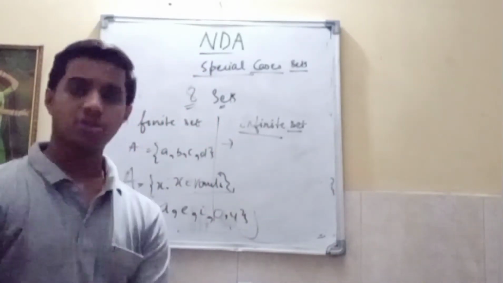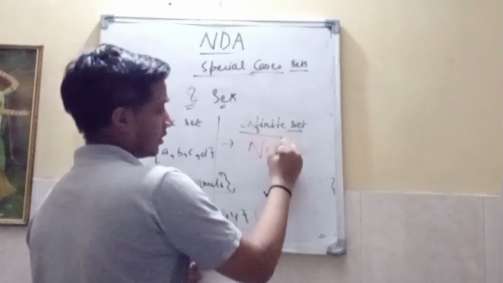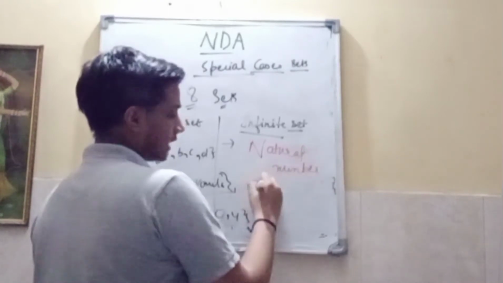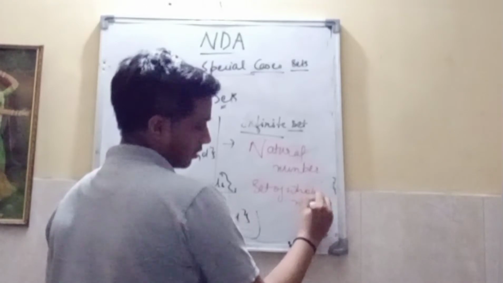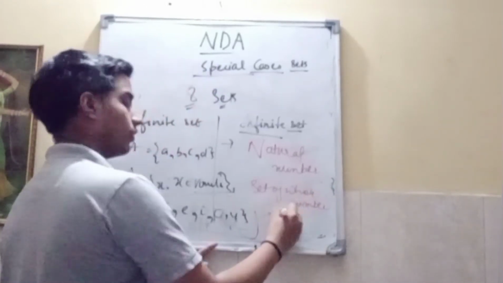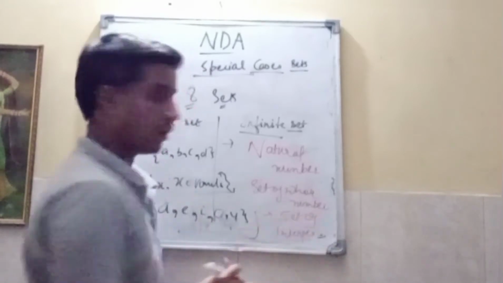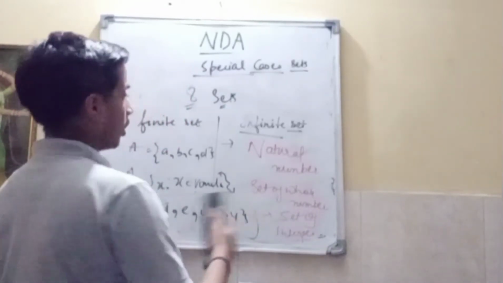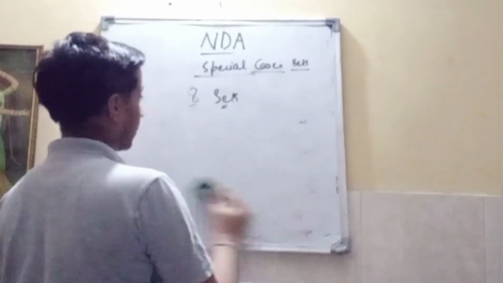The examples of infinite sets are the set of natural numbers, the set of whole numbers, and the set of integers.